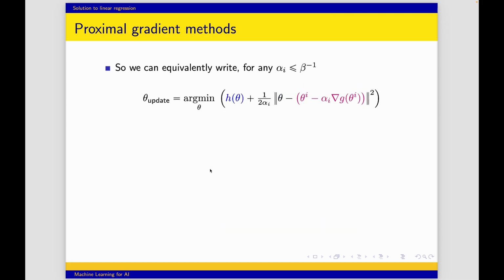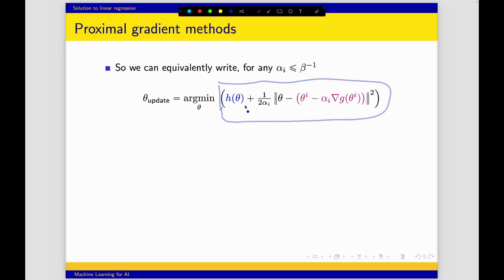So let's move forwards. Now we can equivalently write, for any alpha I, as I said, we can use any step length less than or equal to 1 over beta. This is what we now want to minimize at each iteration: h of theta plus this term.